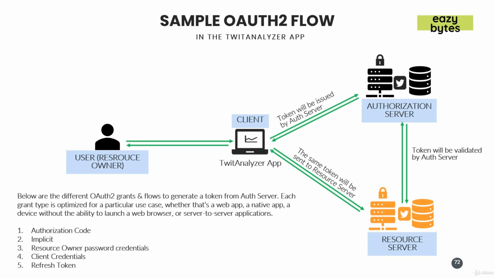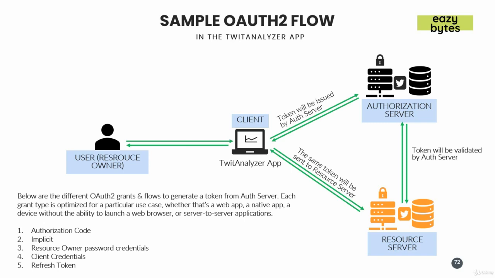You have to enter your credentials there to prove your identity. And once your identity is proved, the Twitter authorization server will issue a token to me. But in this scenario, the client will never ask for the Twitter credentials directly. It will redirect you to the authorization server of Twitter.